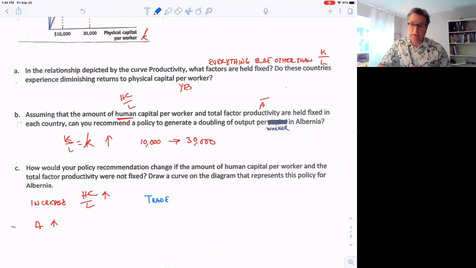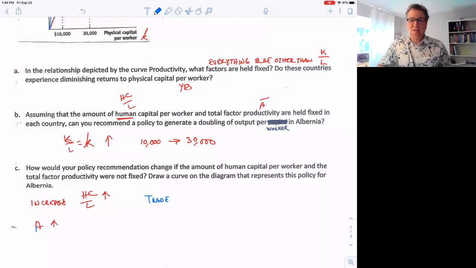Reduce corruption, increase property rights, bring in technology from other countries. We would do something here in A, help change the form of government. Something like that could increase worker productivity.